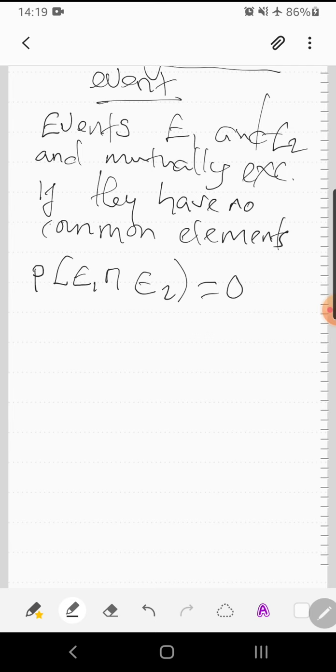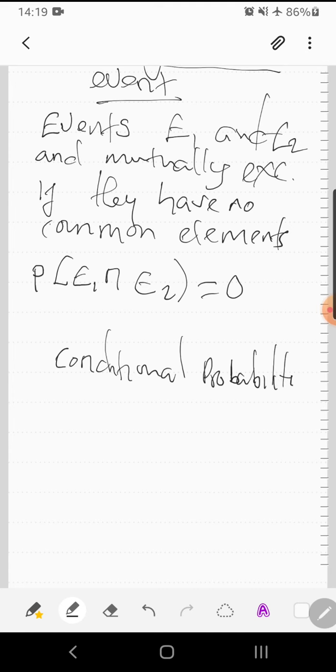Okay, now the other rule that we use in probability, actually I can just say this is the subsection in probability known as conditional probability. Here we are looking at an event occurring given another.